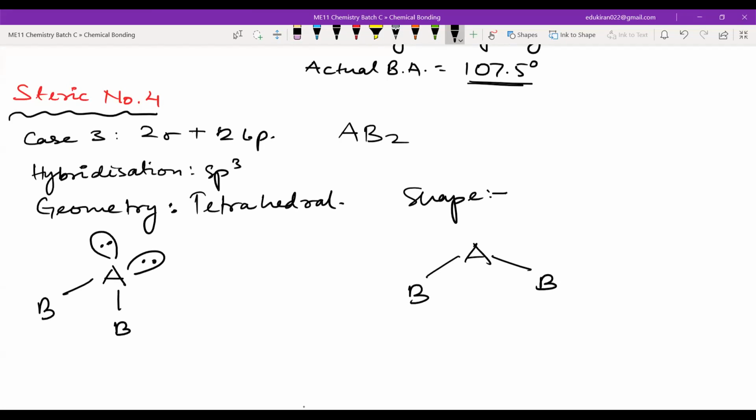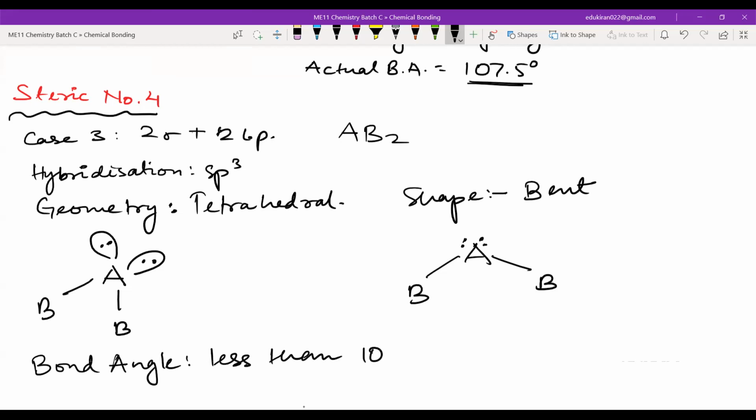You have only the bonds here. Shape will be bent. What about the bond angle? Again, less than 109.5 degrees, and also less than 107.5, because with one lone pair, the angle had decreased to 107.5.